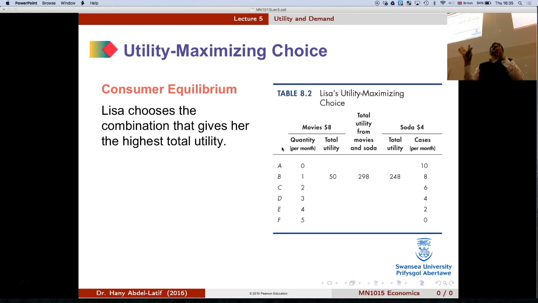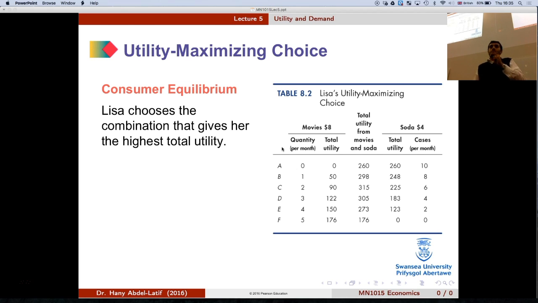Her total satisfaction, total happiness, the one that makes her happiest. So in that case, given the total utility she will have from consuming these different combinations, which combination would give her the maximum total utility?